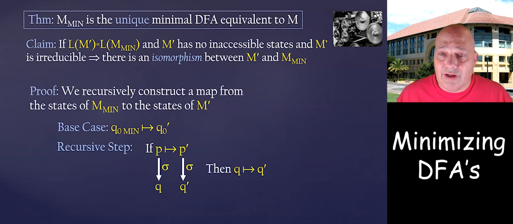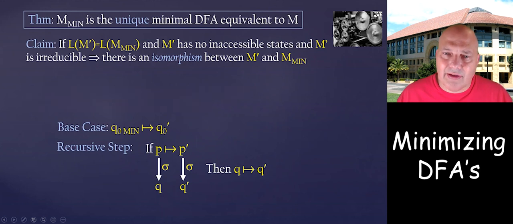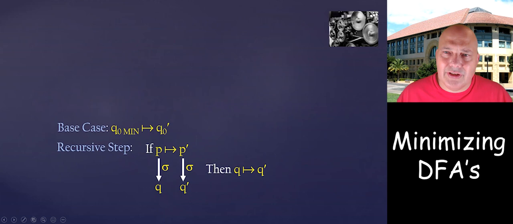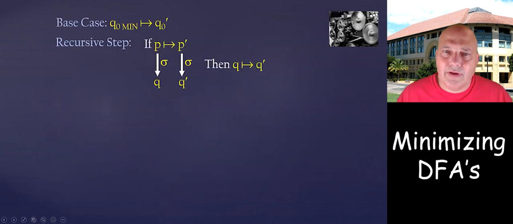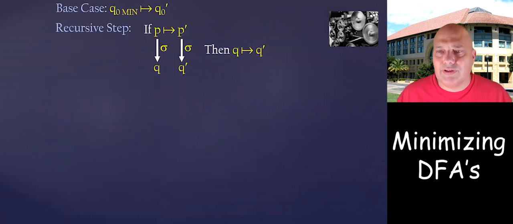So far, I've proved nothing about the properties of this mapping. Actually, I didn't even prove that it is a mapping, that it is well defined, for example. All of this is ahead of us. But this is the definition. And we need to prove that it is a mapping and that this map is actually an isomorphism.